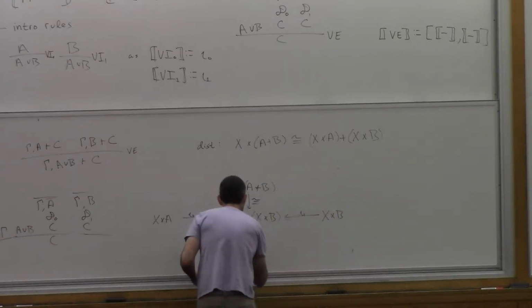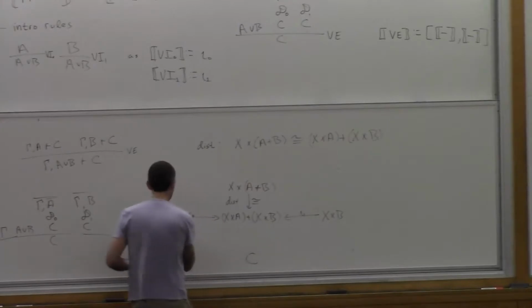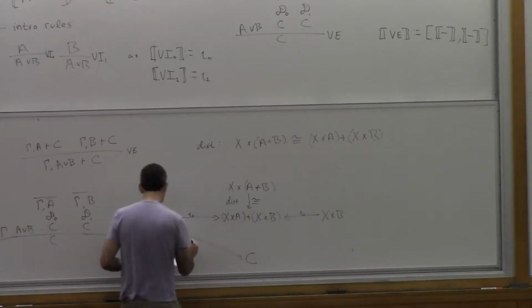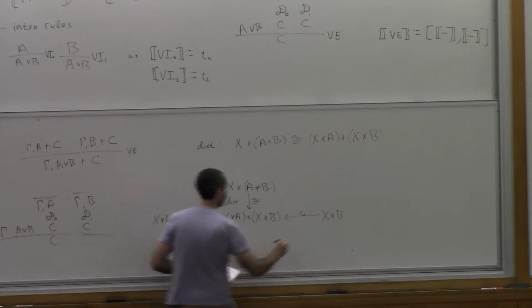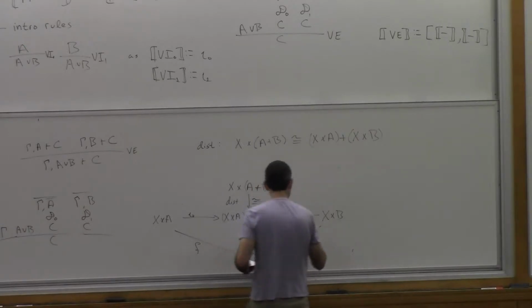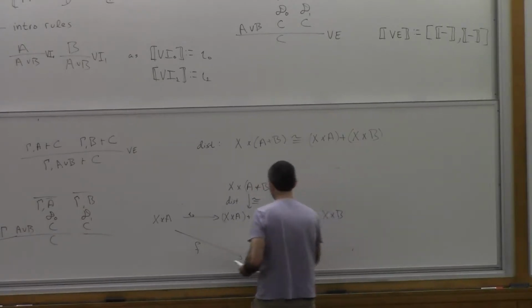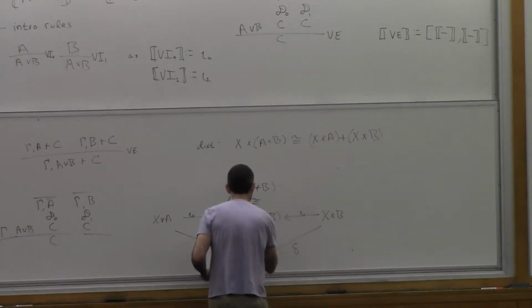And now C is what I'm trying to prove down here. So if I can prove C from X and A with some arrow, and I can prove C from X and B with some arrow, then I know I have here the cotuple.